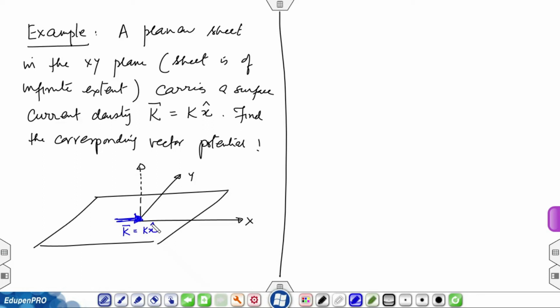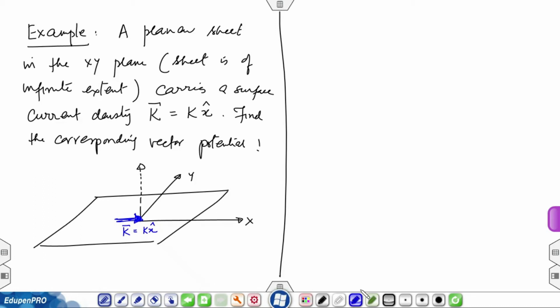We want to find the vector potential. If I found the magnetic field and then calculated the vector potential, that is actually counterproductive, because I really want to calculate magnetic field through the vector potential. But just to give you a feel, I will first do a calculation through the magnetic field, and then we will do it directly by integration.